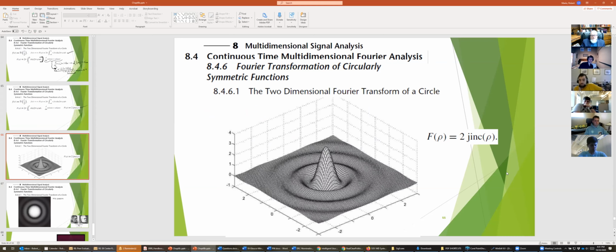You look at this, and if I took a sinc function and I rotated it around, like a record player, or if I spun it around, it would look kind of like this, right? In the same way that the jinc kind of looks like the sinc.